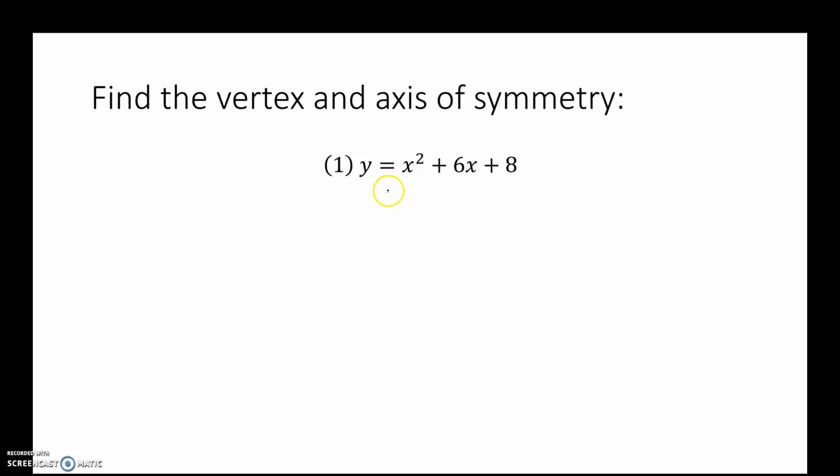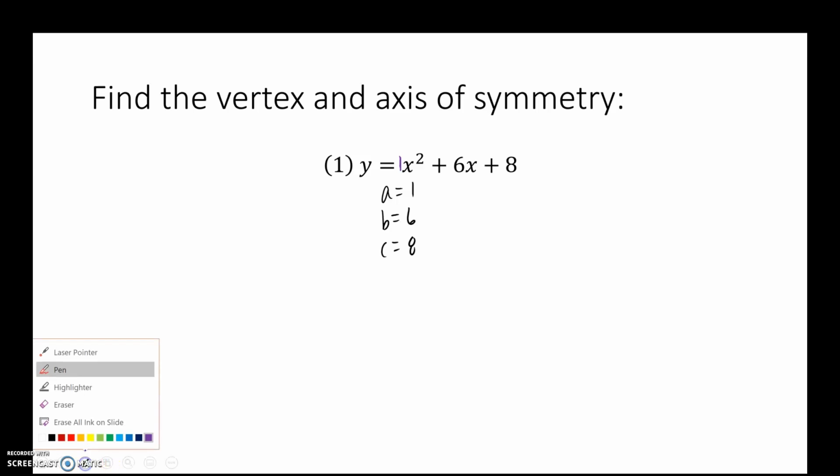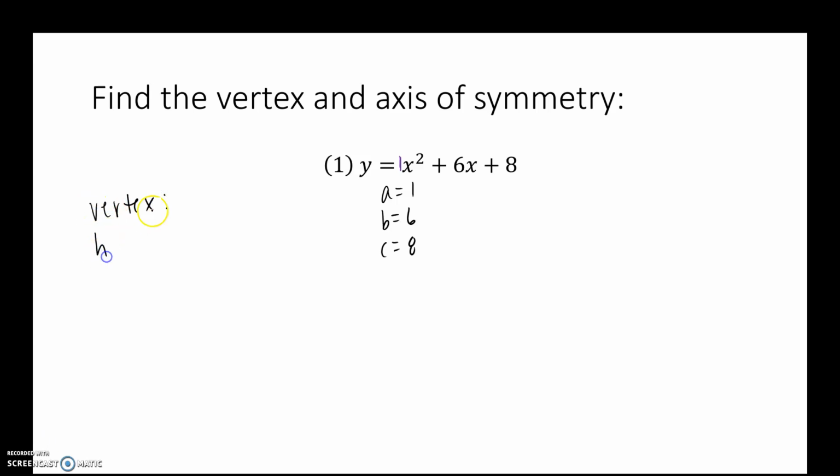Okay, so when I look at this function, a is equal to 1, b is equal to 6, c is equal to 8. Why is a equal to 1? Because I know when a number is not written in front of the x squared term, it's known to be 1. Okay, so my vertex, h comma k, my x-coordinate, the opposite of b divided by 2a.